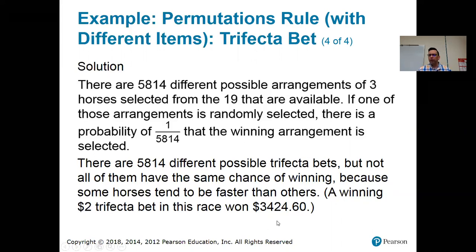Now, of course, they don't pay based on actual odds, but usually it's not cut down by that much. If the actual odds against this trifecta winning match this probability, then I would still expect that payoff to be a lot more than $3,400. It's because this trifecta was probably one of the more favored ones to win. They are not all equally likely.